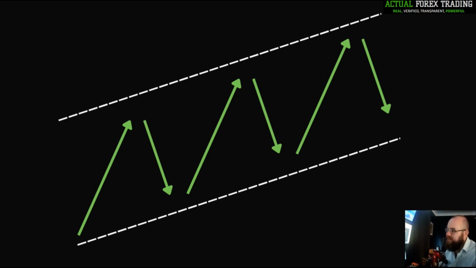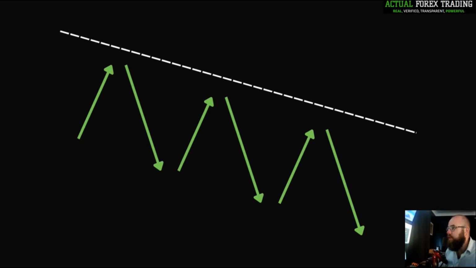There aren't always these channels with diagonal support and resistance, but there can be quite frequently. It's not necessary. That's what I'm trying to say. It's not necessary to have a channel, a bearish or bullish channel, to have a valid diagonal support or resistance area.